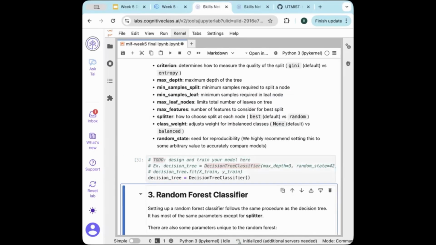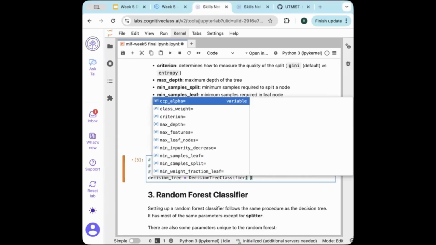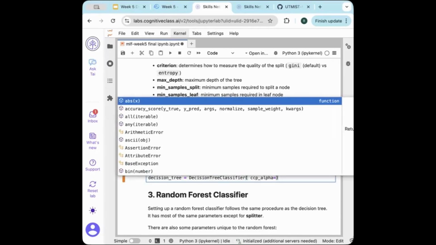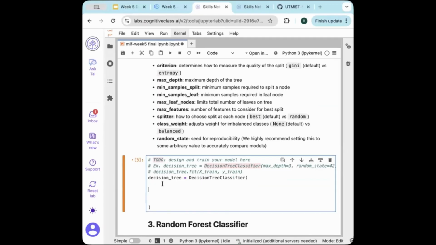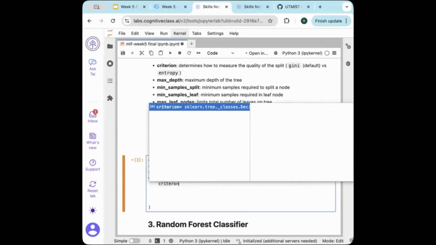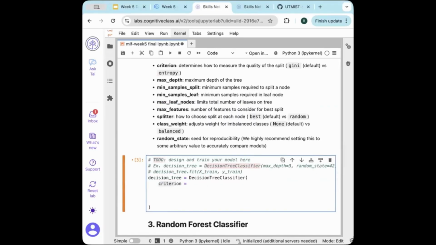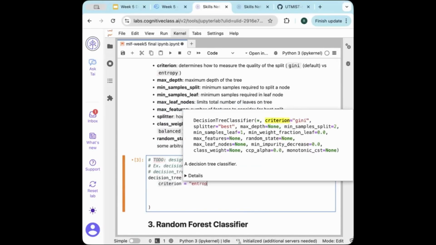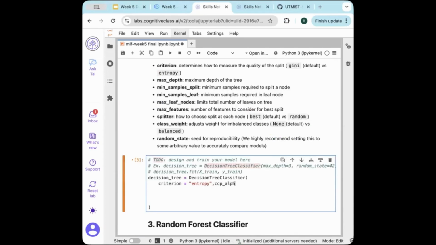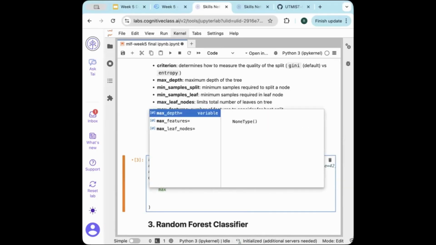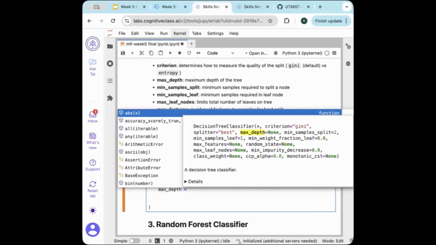Decision tree classifier. Okay, let's make some space for the arguments. So criterion is going to be entropy. Max depth is going to be 5.